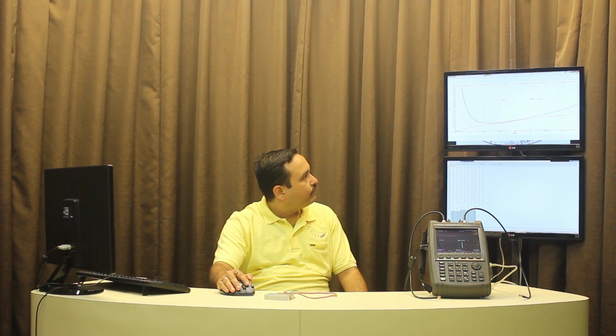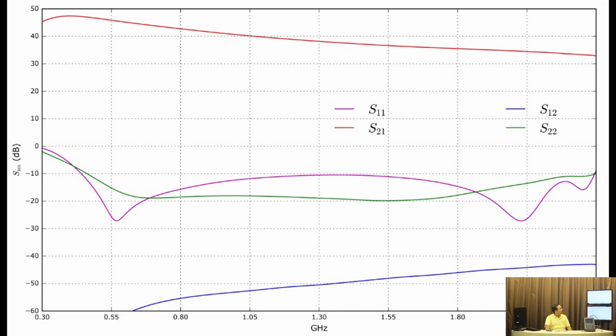So again, I have done that and I have added another stage to my amplifier, which is a second stage. Of course, I have also implemented an interstage matching network between stage 1 and 2 and then an output matching network at stage 2.